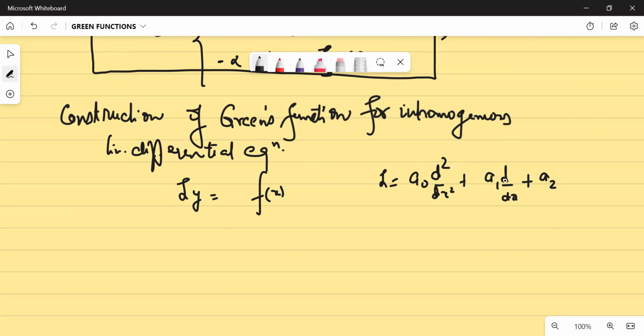Now if you have this particular differential equation, second order linear differential equation, I think I wrote some p naught, p2, so I'll use those only.